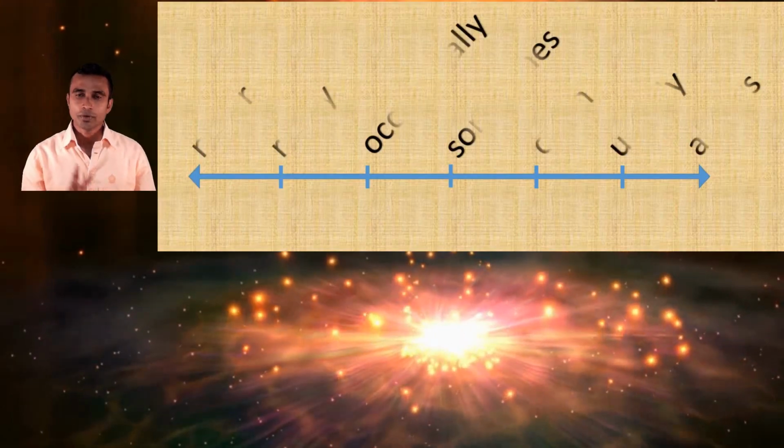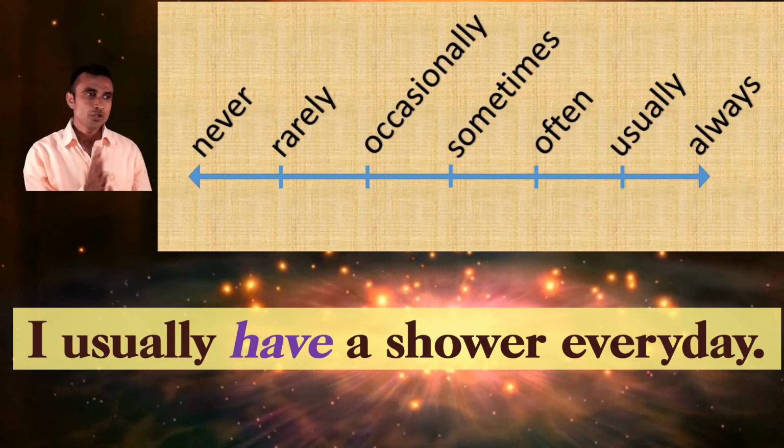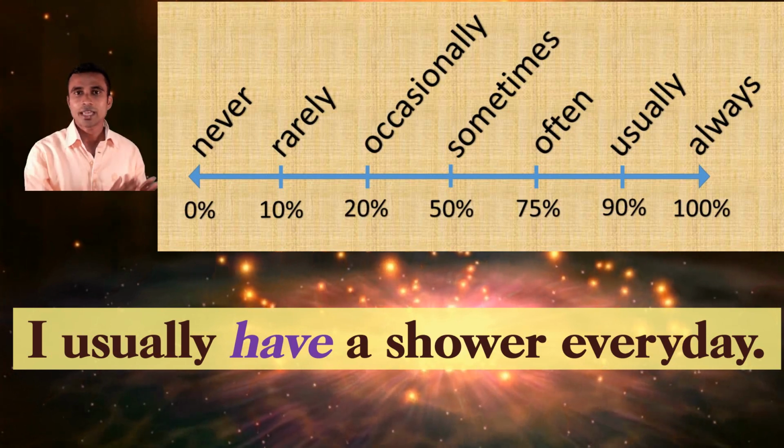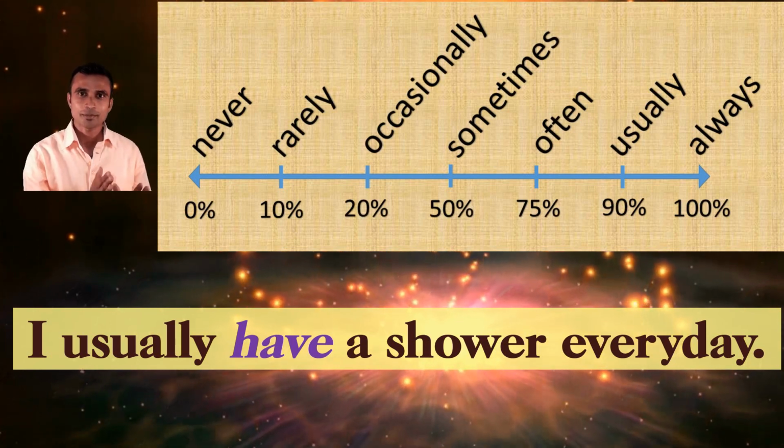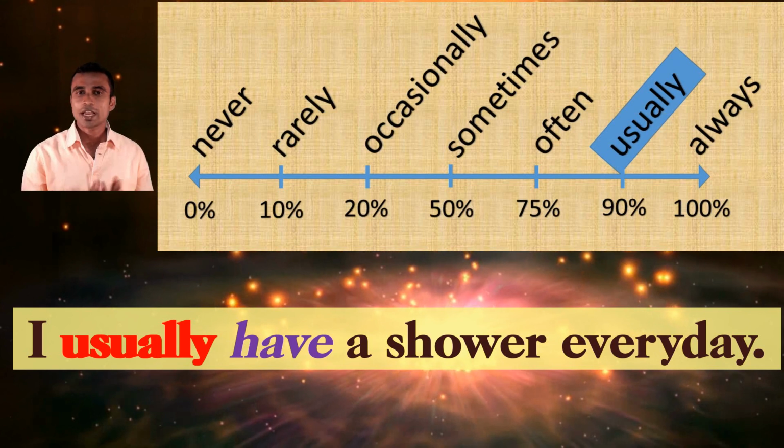Apart from those, we may also use frequency adverbs, which tell us how many times, how often some particular action takes place. For example, I usually have a shower every day. In this example, usually is a frequency adverb.